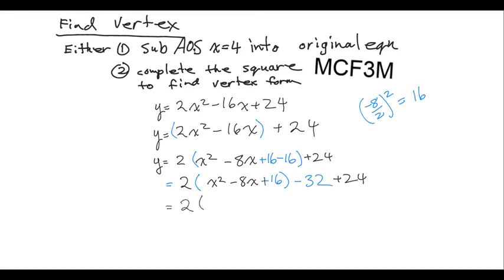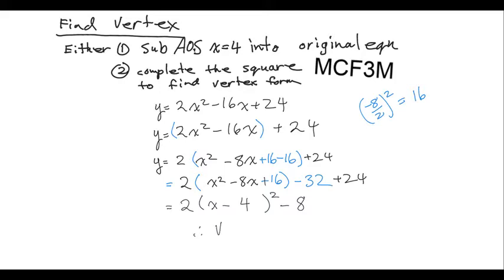So we get, well, remember my trick. Take the square root of the first term. Square root of x squared is x. Take the sign of the middle, minus, and take the square root of the last, which is 4. And that's our squared term in our vertex form. And then this last part is minus 32 plus 24, which is minus 8.